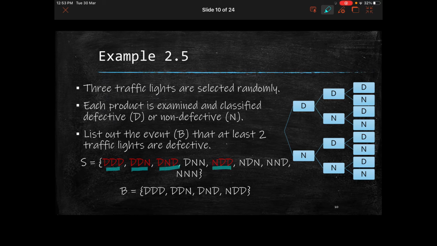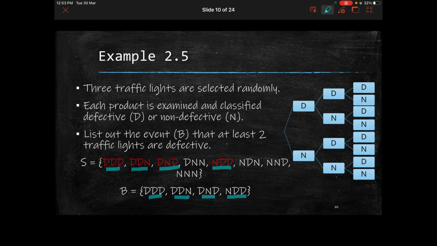So we look at the sample space that has a minimum of 2 D's. So B is an event, a subset of the sample space with 4 outcomes.